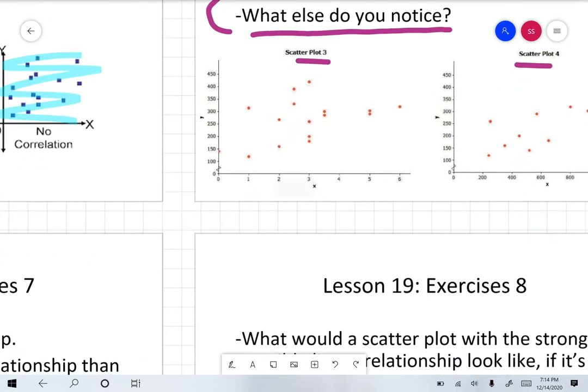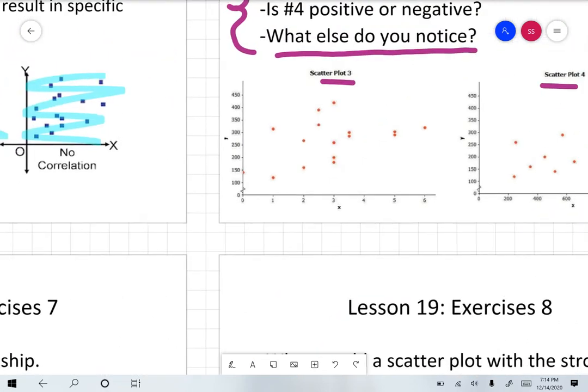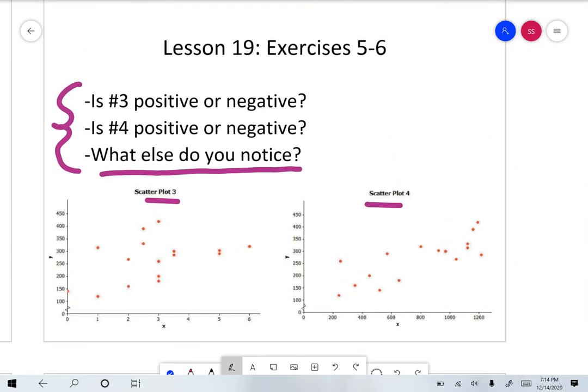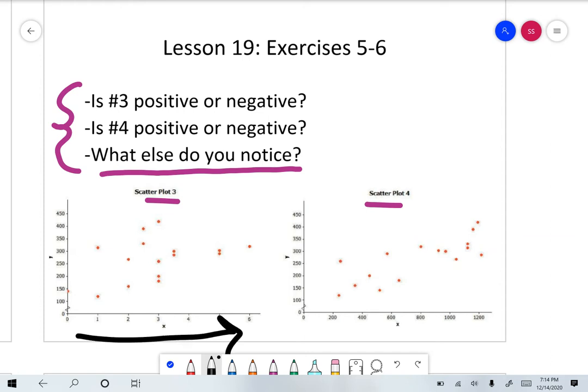Okay. I can't remember if I actually talk about this in the next slide. Yeah, I kind of do. Okay. Let's take a look at this. What is happening on this scatter plot 3 as x increases? What's the pattern here?